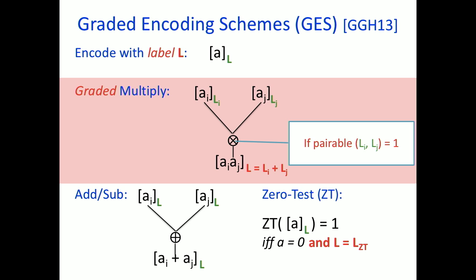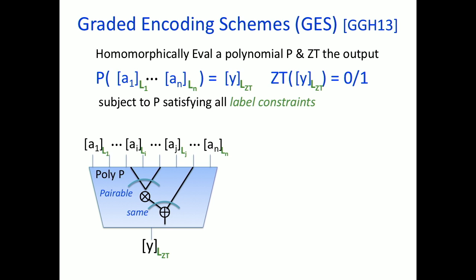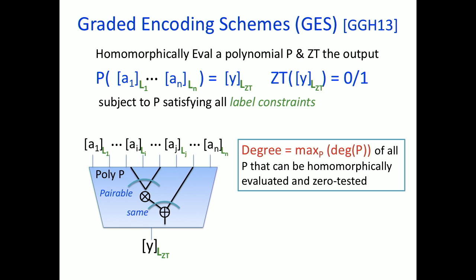So all in all, with these three different operations, what you can do essentially is homomorphically evaluate a polynomial, get an encoding of the output, and test whether the output is actually 0 or not, as long as your polynomial satisfies all the label constraints, in the sense that addition happens between the same label, and multiplication happens between pairable labels. And the degree of a graded encoding is simply the maximum degree of all the polynomials that could be homomorphically evaluated and zero tested.